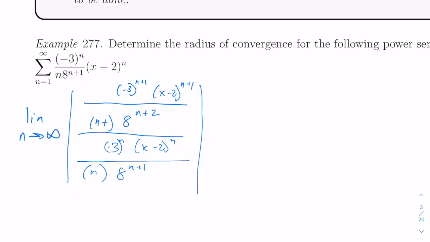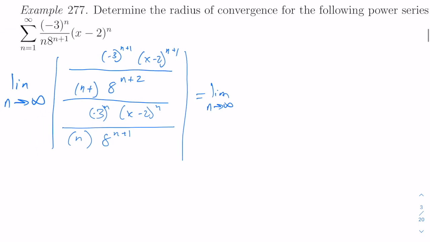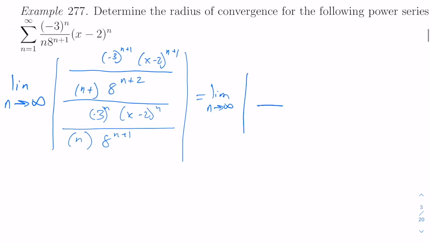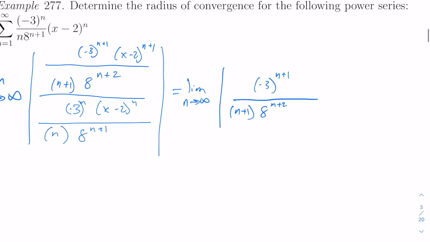Now, it looks very complicated here, but this simplifies very nicely. Limit as n goes to infinity of what? Negative 3 to the n plus 1, n plus 1, 8 to the n plus 2, times x minus 2 to the n plus 1.